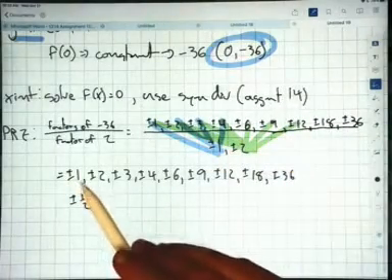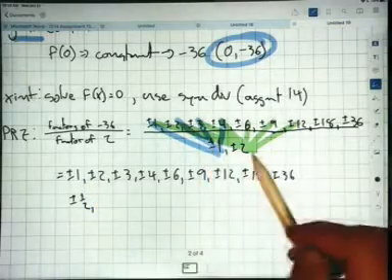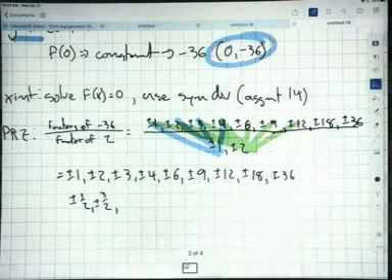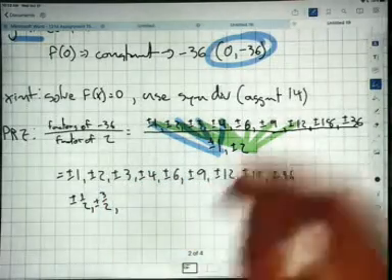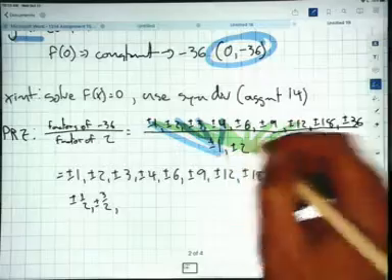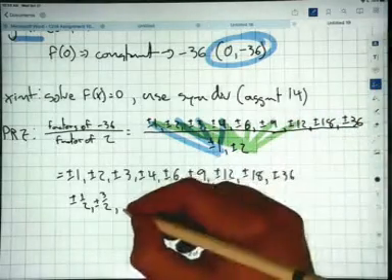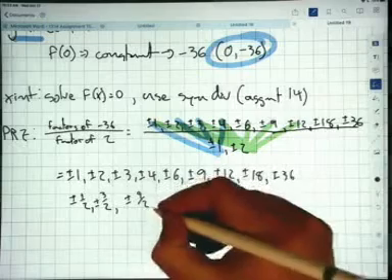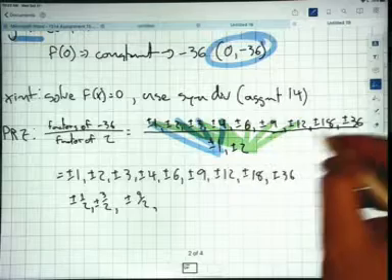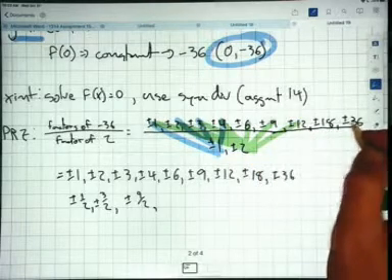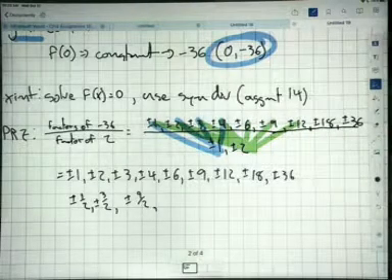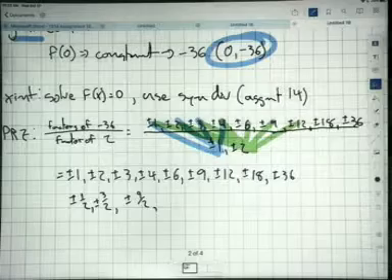Well, I already got 1 up here, so I don't have to write it again. 3 divided by 2 is 3 halves. 4 divided by 2 is 2, we already got that. 6 divided by 2 is 3, already got that. 9 divided by 2 is 9 halves. 12 divided by 2 is 6, already got it. 18 divided by 2 is 9, already got it. 36 divided by 2 is 18, already got it. So these are our possible rational zeros.